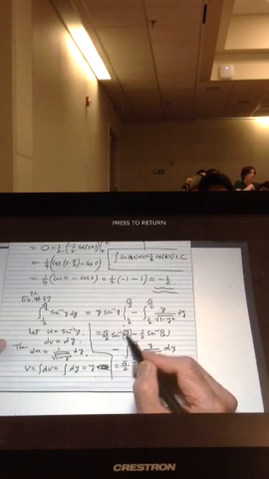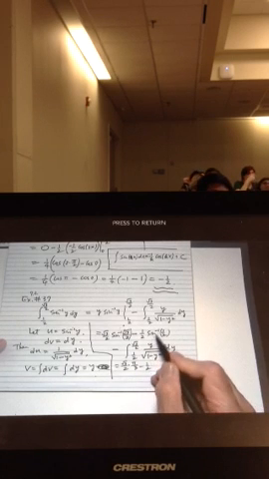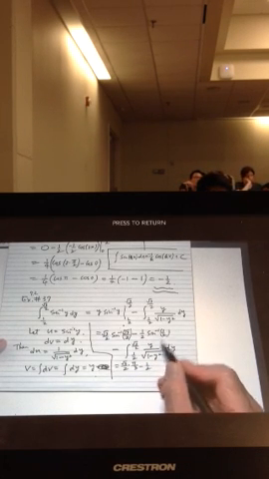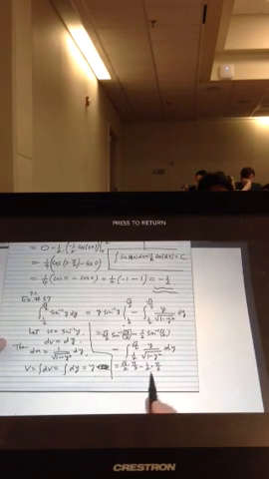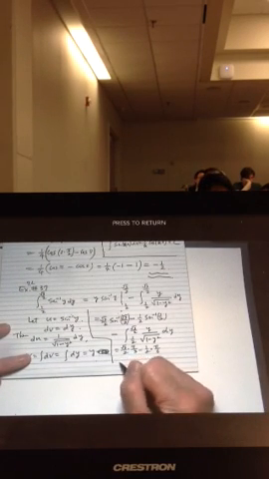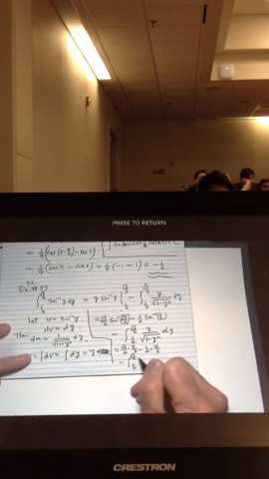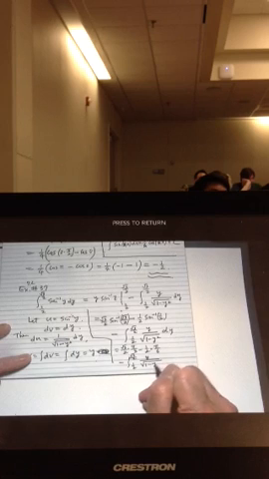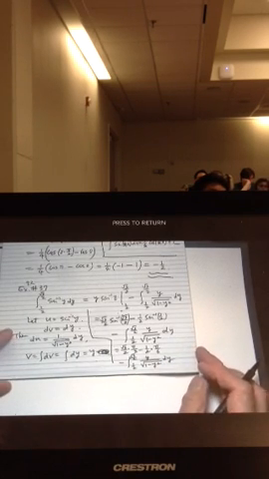Minus 1/2 times the inverse sine of 1/2, use a calculator, you get pi over 6. So these are the first two terms. And I still have the third term, and I'm going to do this term on the next page.